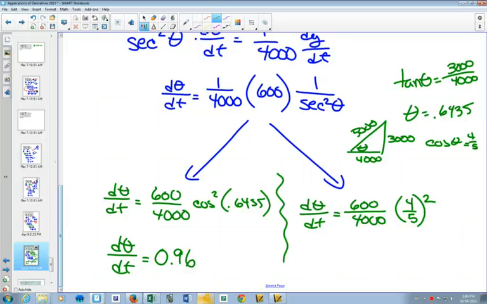Now, just to make sure I'm not lying, I'll type that into my calculator as well. Oh, 0.096, yes. And this would be radians per, what was our time? Second? 0.096 radians per second.